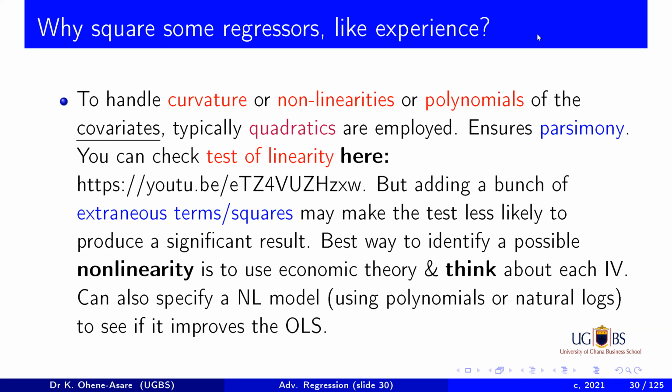So when you square a variable, what you are saying is that it's quadratic in behavior. It is no longer showing linearity. It is showing non-linearity, polynomials. Typical quadratic variables.